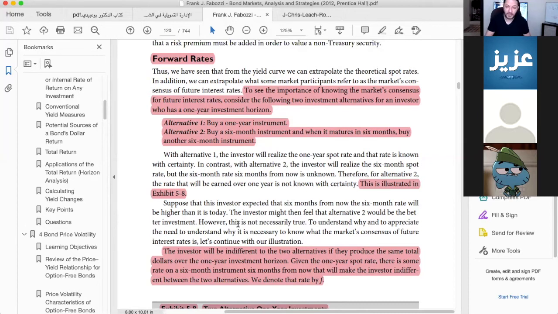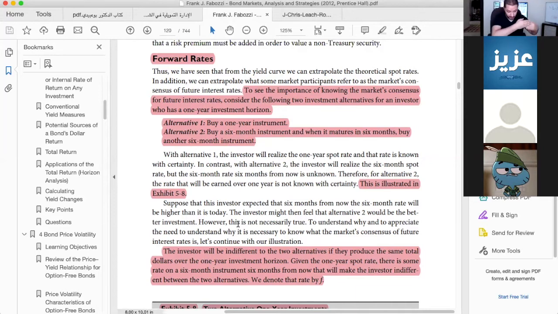Suppose I'm investing $100 for 1 year, and this treasury bill is offering me, let's say, 10%. So I should have 10% of gain by 1 year. Now, suppose that I'm investing my money for 1 year also by using two consecutive treasury bills of 6 months.